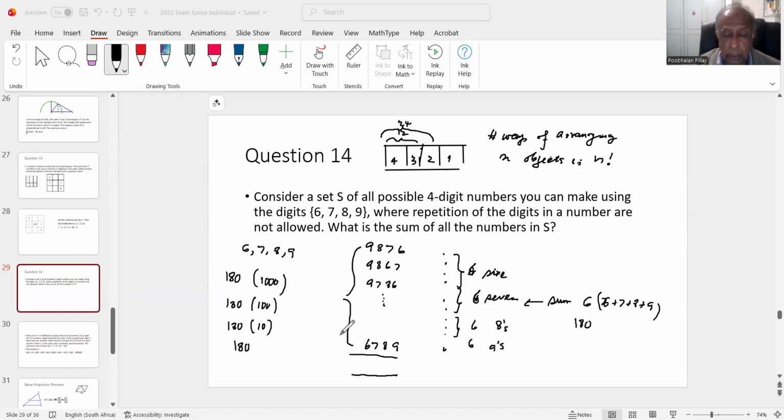We saw that'll add up to 180 here, right? So you're adding all these, the 180 thousands and 180 hundreds and so on. Okay, so you actually have 180 is a common factor into 1,000. You're getting that number because these numbers occur one in the 1000th place, one in the 100th, one in the 10th, and so on. And this gives you have to multiply all these.